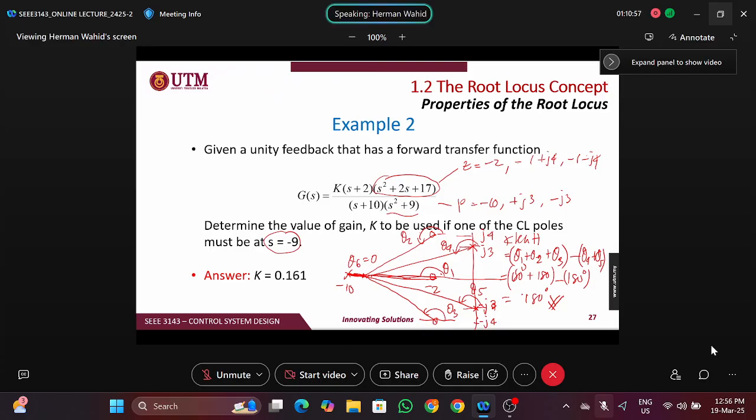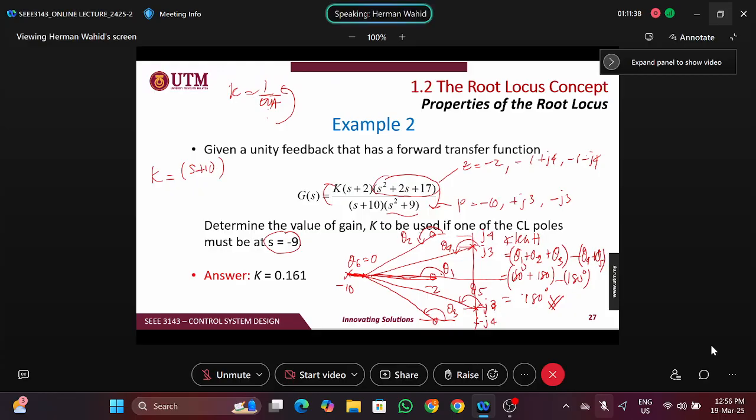And after that, you can calculate the value of K. It depends on you whether you want to use the first formula or the second formula. Okay, so if you use the first formula, you just need to reverse this transfer function because K is equal to 1 over GH. So if you substitute GH over here, the denominator of GH will become the numerator here. So you just need to swap the location.